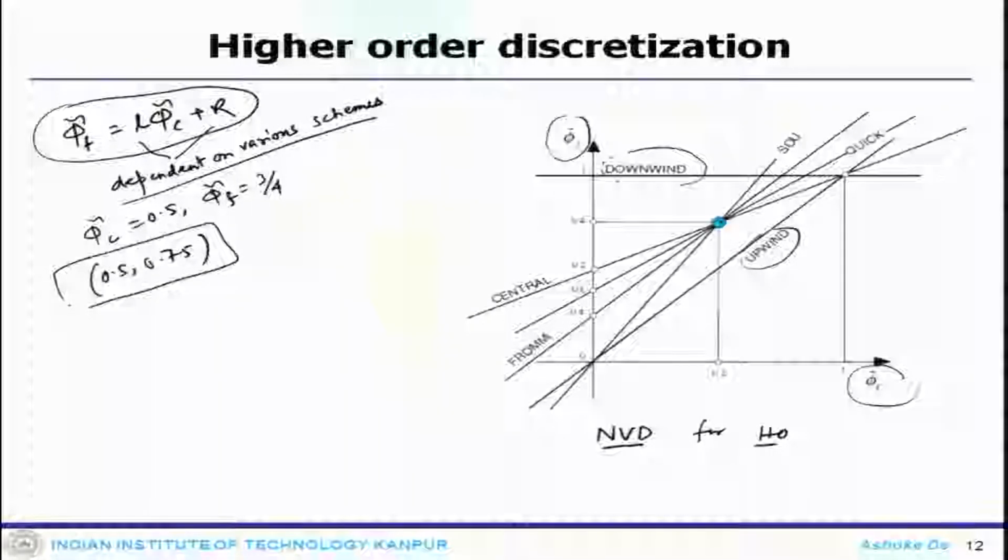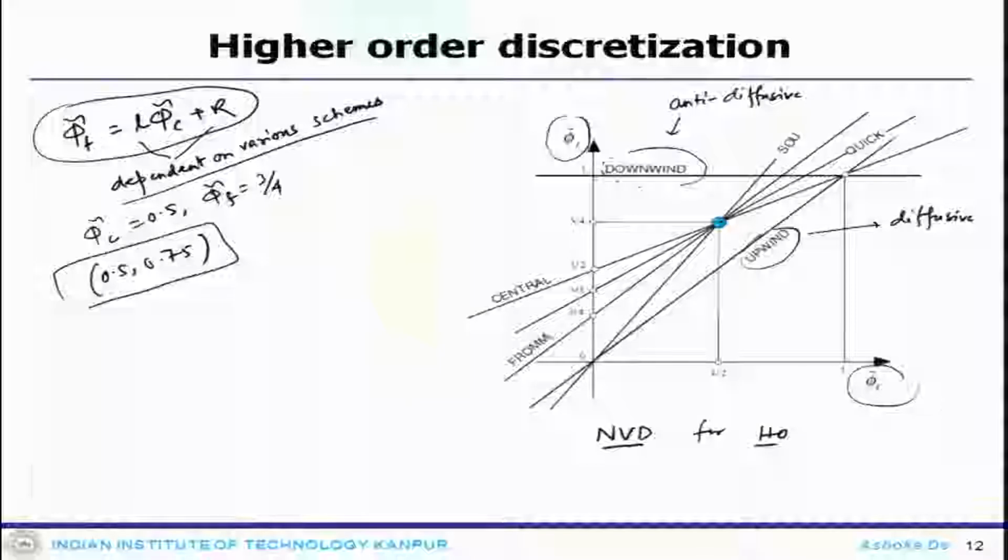Now, the upwind scheme is found to be very diffusive, while the downwind scheme is very compressive, or rather anti diffusive.